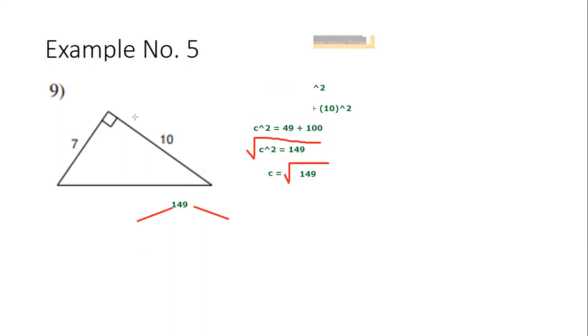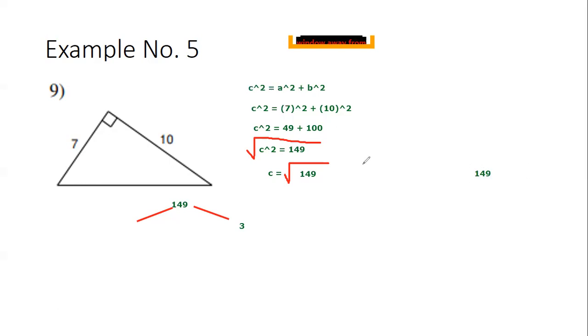Okay, so let's say I'm going to divide 149 by 3. Is it possible that we can get a whole number? Let's try. Okay, so 149, then we divide it by 3.